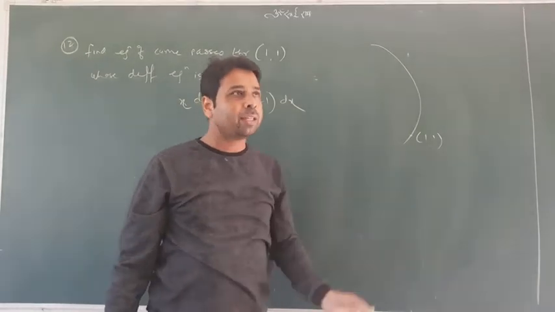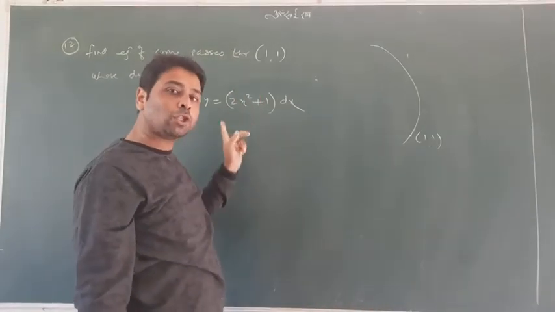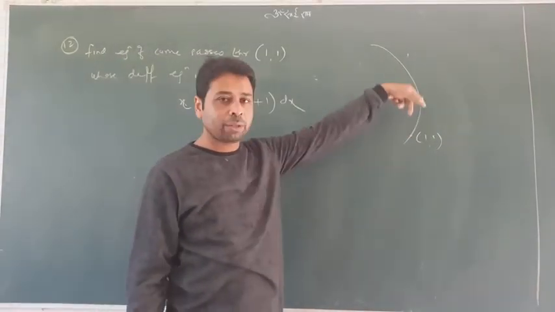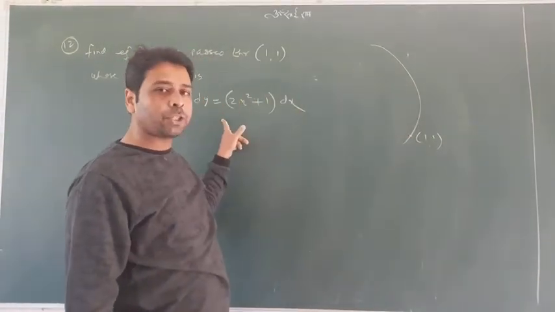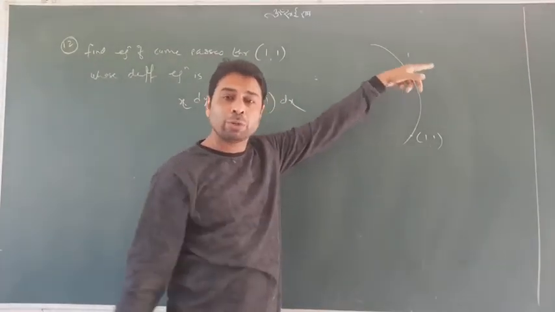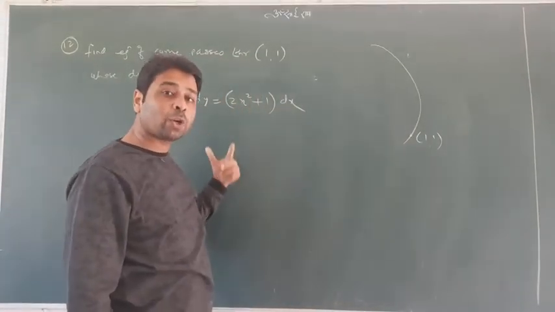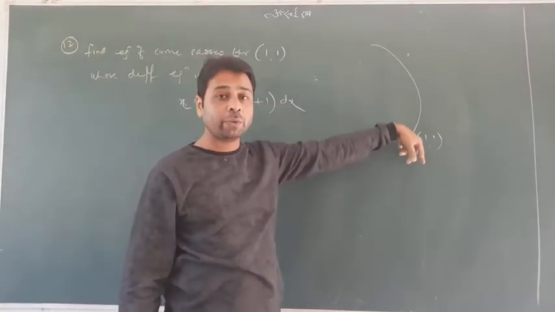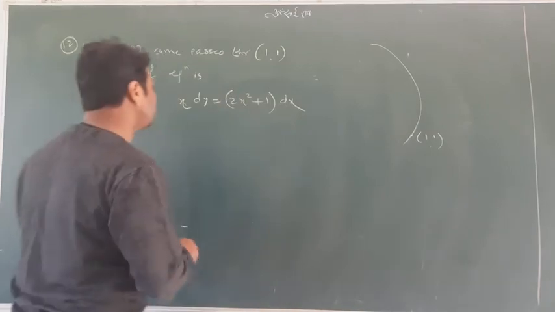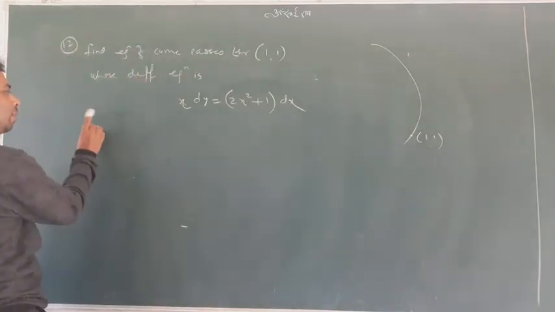What does it mean? It is a differential equation. We will solve this, and whatever equation we get will be its equation in x and y. So definitely we will solve this. We will get the equation of the curve, passing through (1, 1). I will tell you just after solving this what its meaning is.